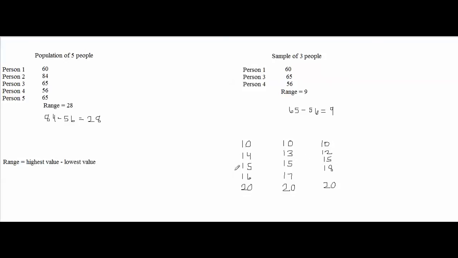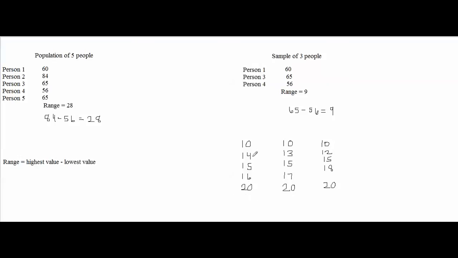Here they're 1 apart, here 2 apart, and here 3 apart. And in all 3 sets of numbers, the other 2 numbers are 10 and 20, so they don't change. Because of the middle 3 numbers, this list has the lowest dispersion, this list has the highest dispersion, and this list is in between.